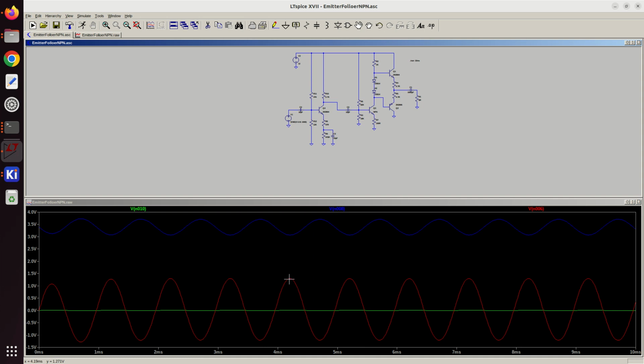Or actually, let's see. Sorry, that's just the startup. So we're at 1.29 there, and minus 1.2 to, yeah, okay, it's symmetric. It is symmetrical. Sorry, that's the startup voltage. Okay, so that all looks pretty good.